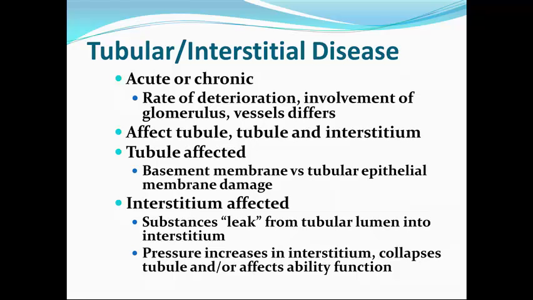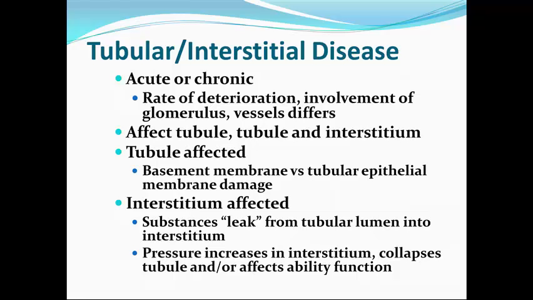Now, the interstitium can become affected with tubular damage. Substances actually can leak from that tubular lumen into that interstitium that surrounds the tubule itself. And that makes sense because, remember, we talked about the membranes.